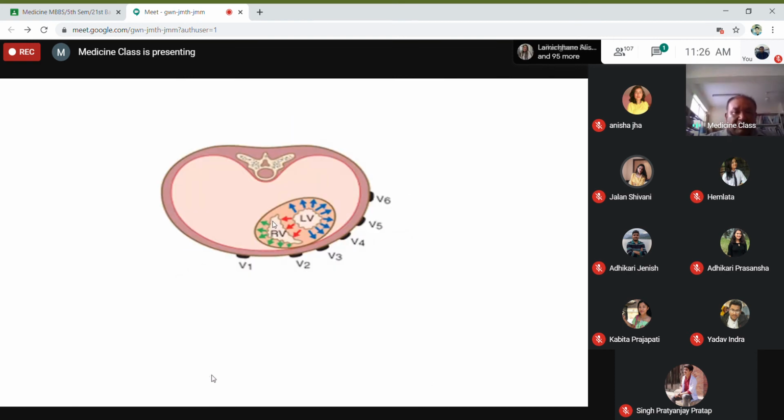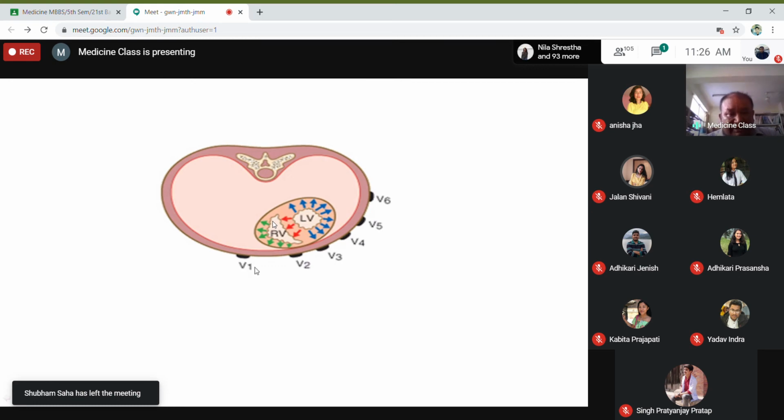So this is how ECG records electrical activity. Now, in this one, chest leads V1, V2, V3, V4, V5, and V6. If you look at it here, these green arrows will be recorded in V1, V2 as positive. This red one also as positive. But this blue one, which is going away from these leads, will be recorded as negative.